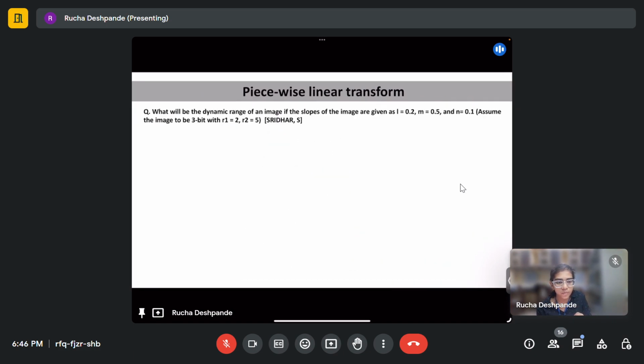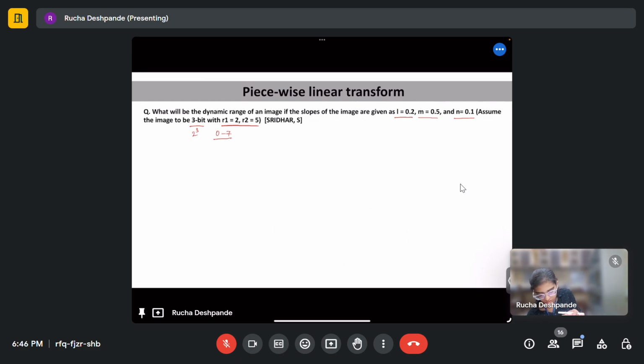So let's do a numerical on piecewise linear transform. What will be the dynamic range of an image if the slopes of the image are given as L is equal to 0.2, M is equal to 0.5 and N is equal to 1. Assuming the image to be 3-bit, 3-bit means 2 to the power 3. So we have values 0 to 7 with R1 is equal to 2 and R2 is equal to 5. So you can maybe note down these, or I'll write the equations here.